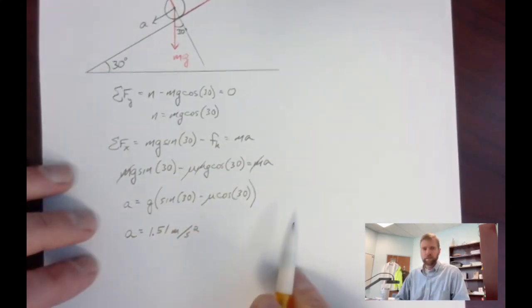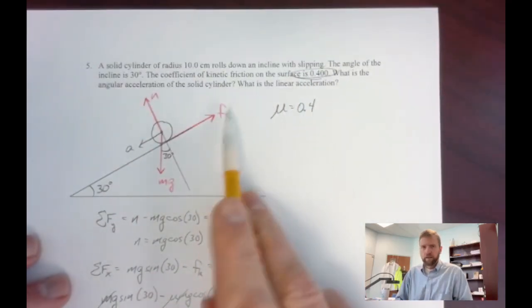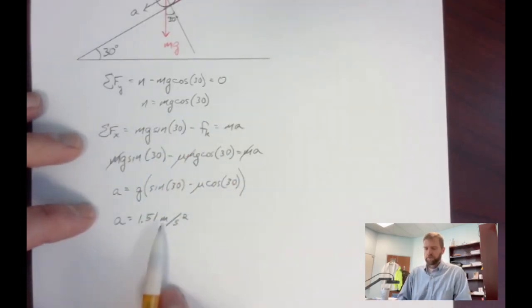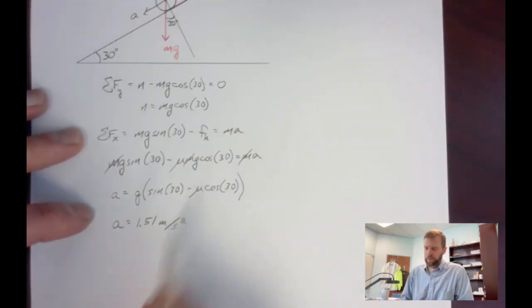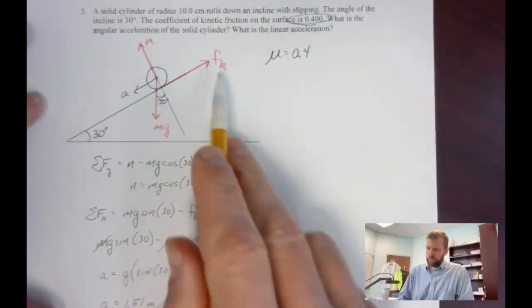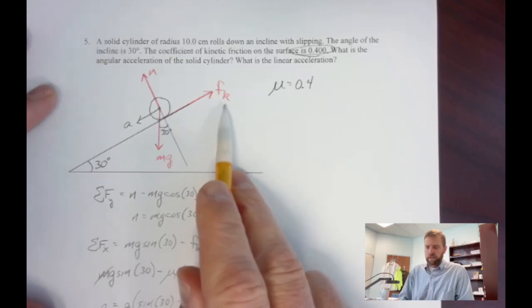Notice that because this is sliding, it is slipping, we actually didn't have to look at the rotational motion to solve the problem, at least the linear acceleration part of the problem. And that's because we know what the kinetic friction is.